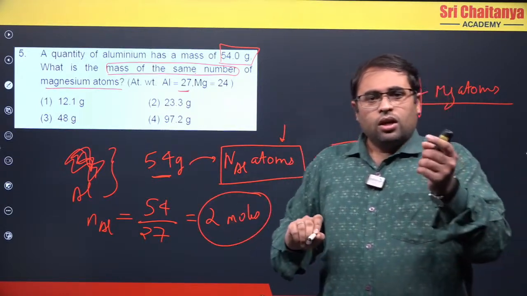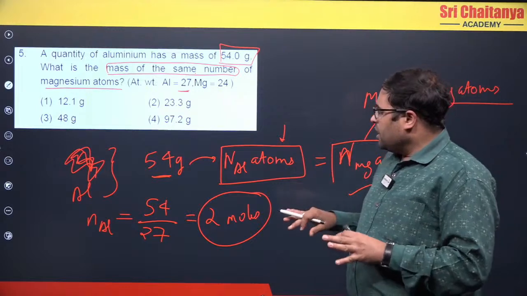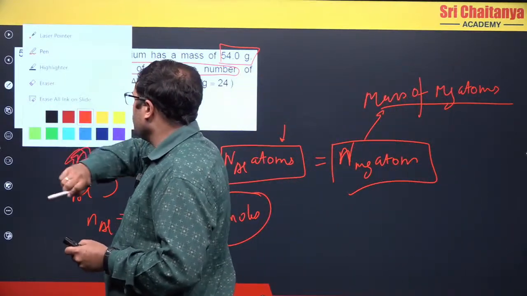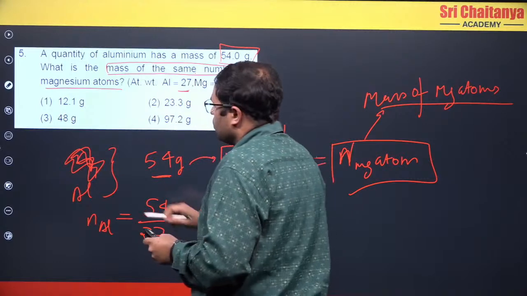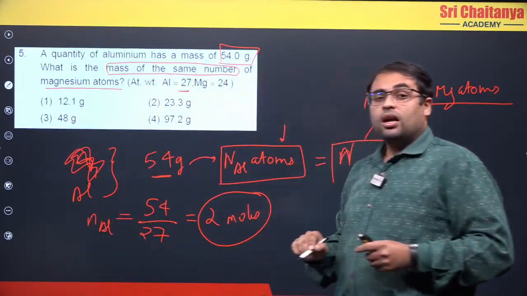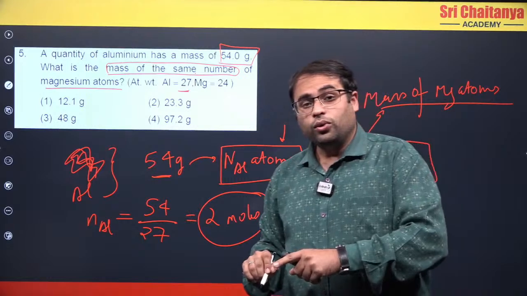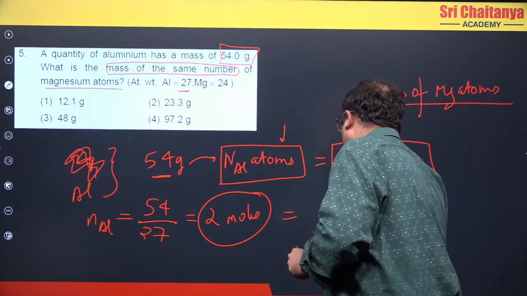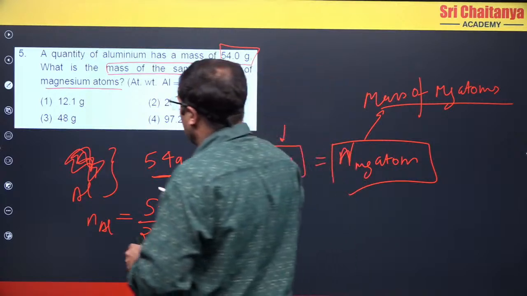Right. So now normally people convert it into atoms. We can convert it into atoms also, no problem. If you convert it into atoms, how many atoms? Moles into Avogadro's number. So let me clear this out a little bit.